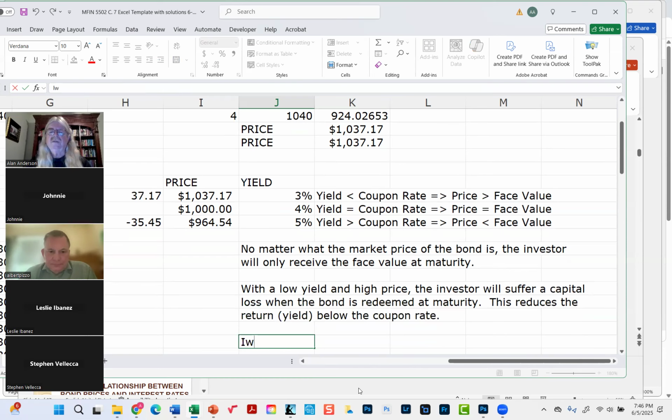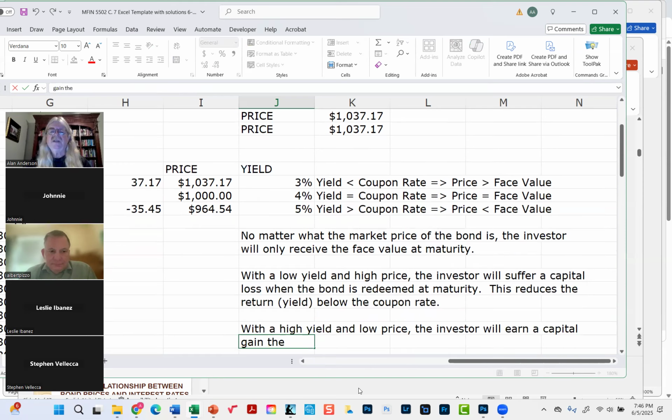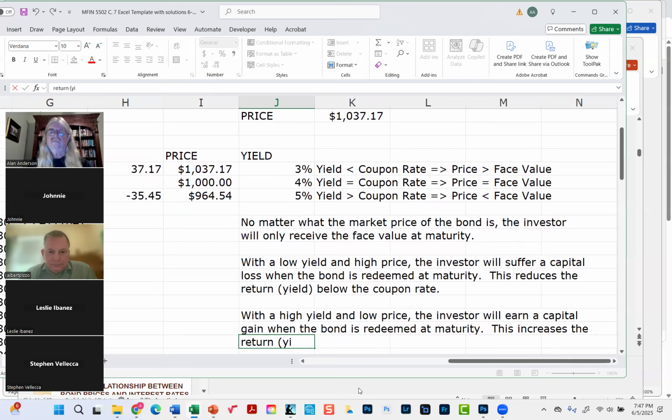But with the high yield, low price, the investor will earn a capital gain when the bond is redeemed at maturity. This increases the return or yield above the coupon.